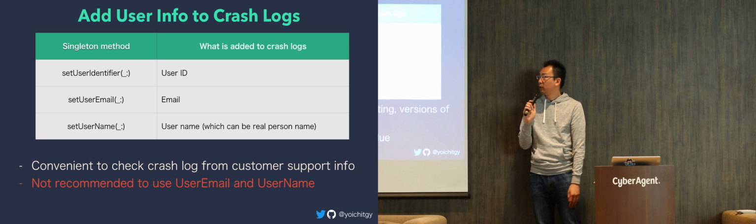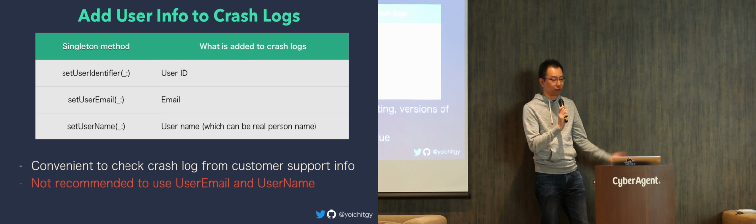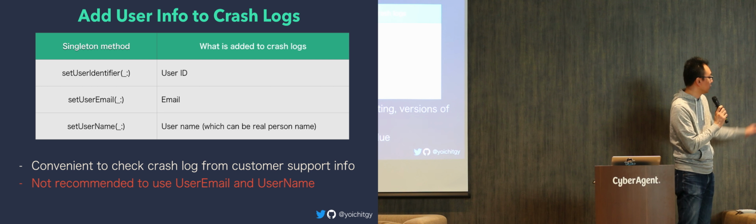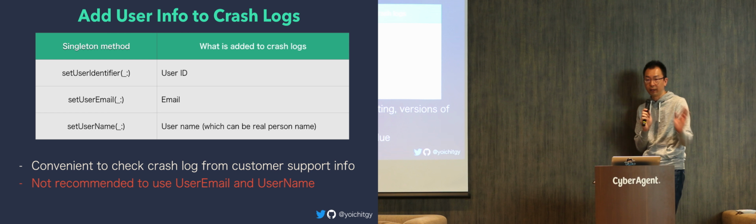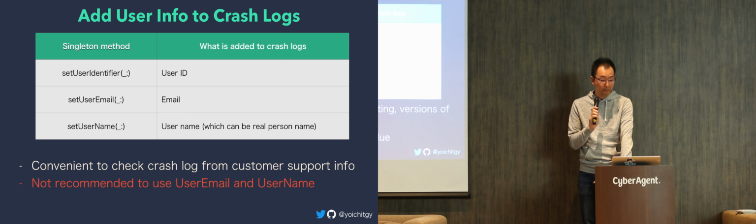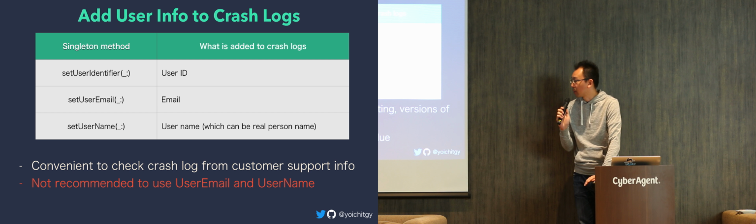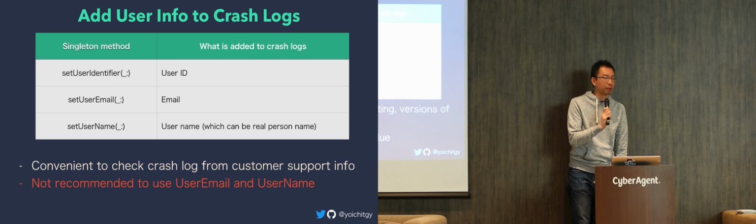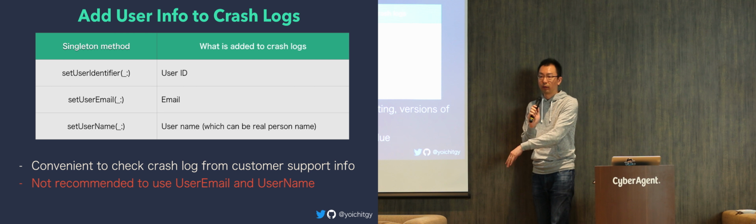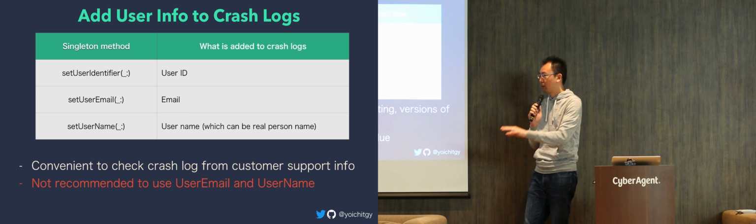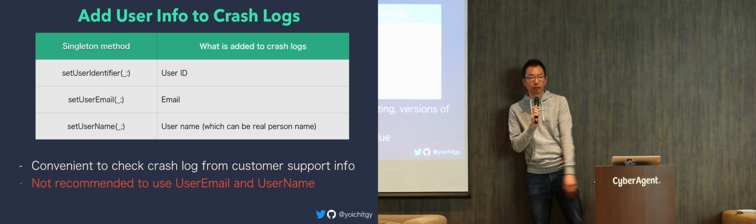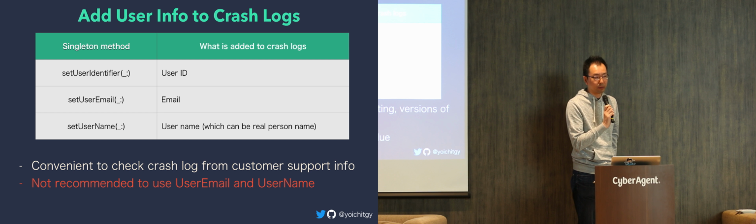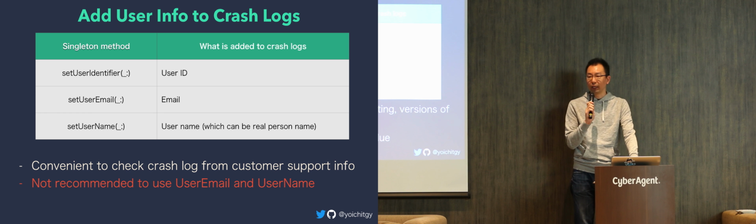Another good option is key-value pairs. You can add an object like a string, bool, int or float value with a key to the crash report. So you can use them for remote config state, like which Firebase remote config value is applied, or A/B testing, A pattern or B pattern, or the version of downloaded resources like JSON, or JavaScript code if you use something like React Native.